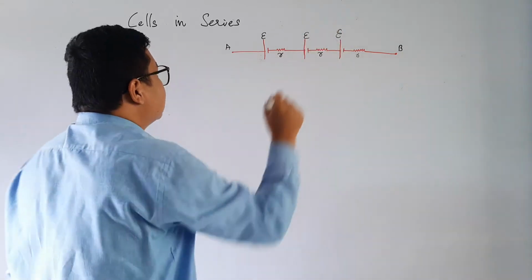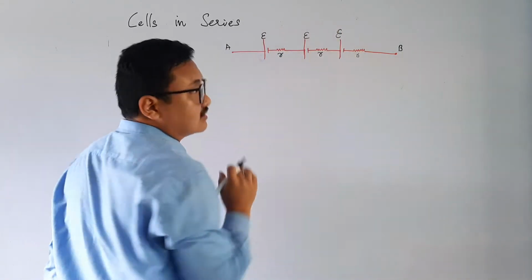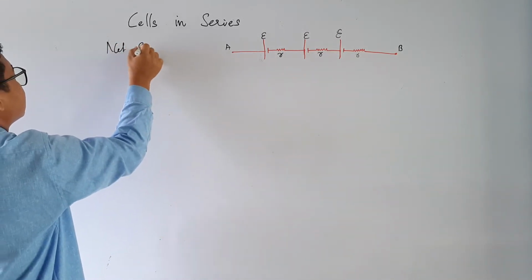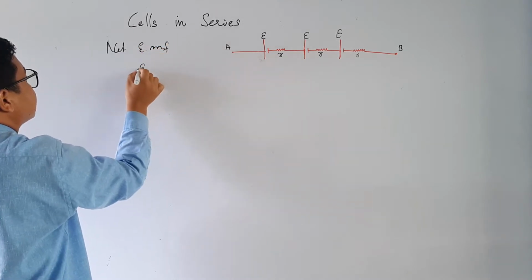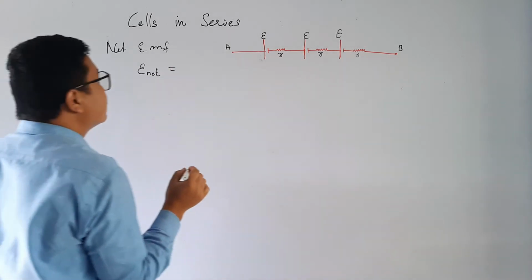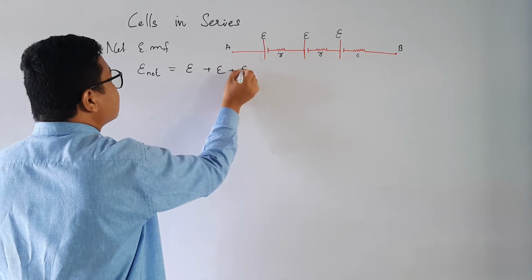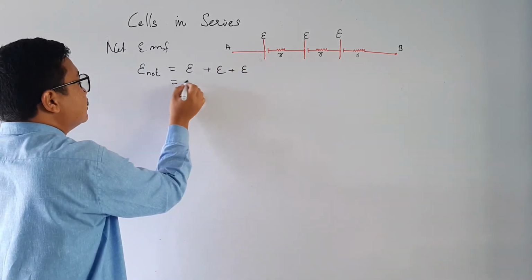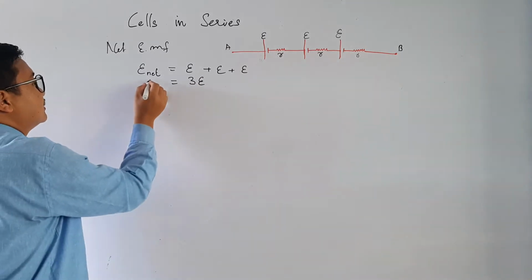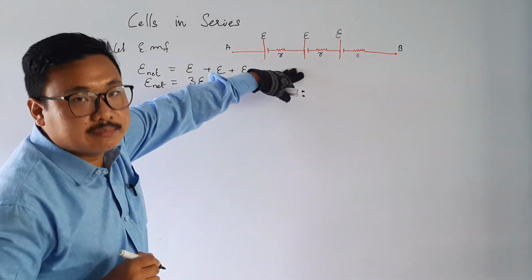Now let us find the net EMF in this cell. So the net EMF, say this is E net, is equal to, of course this is in series, how much will be this one? This will be E plus E plus E, and this will be equal to 3 epsilon, the net EMF of this combination.